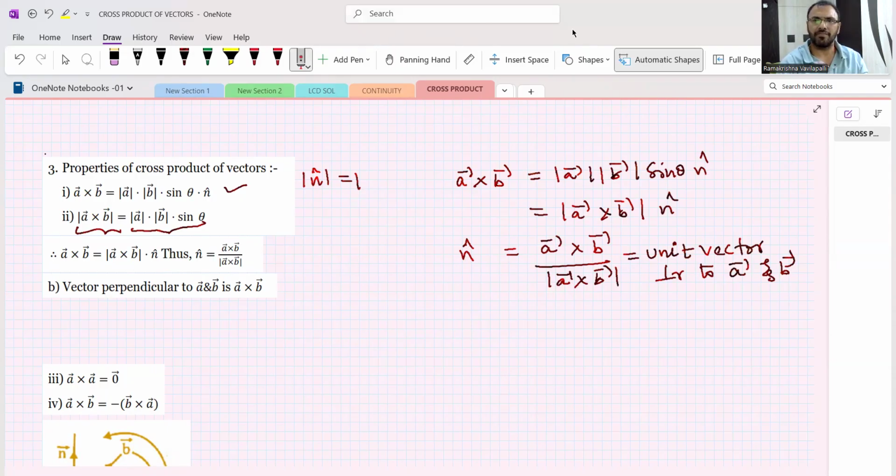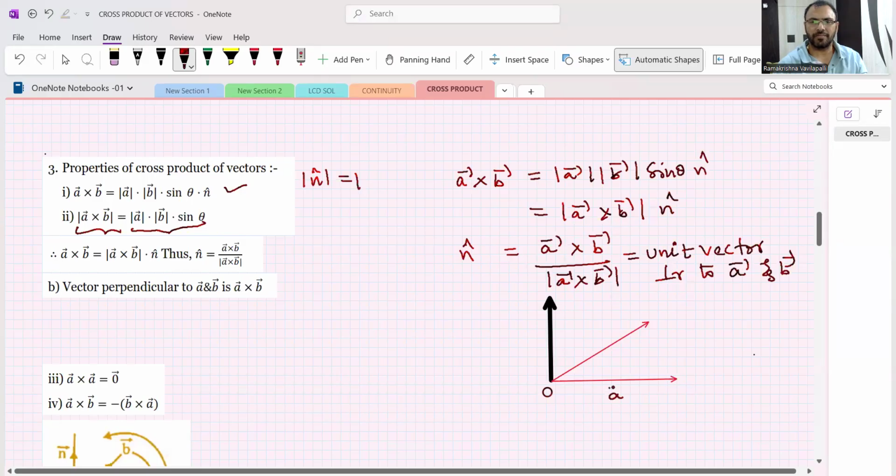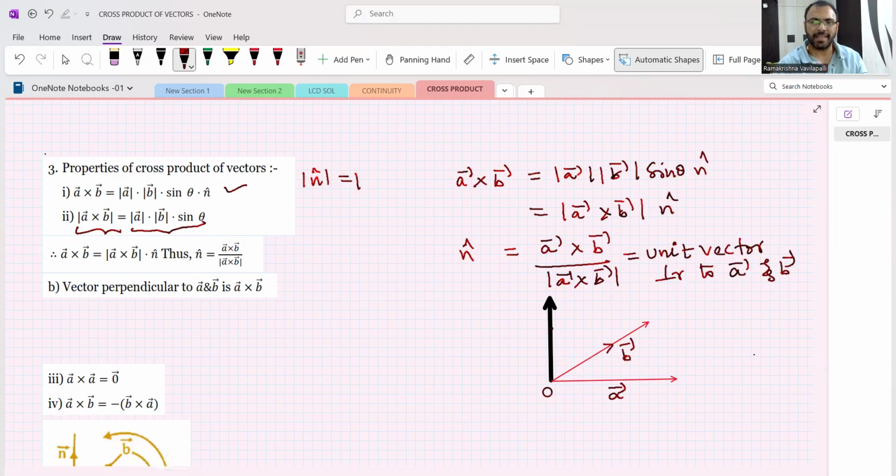I'll draw the diagram. This is the A bar vector and this is the B bar vector, and this is perpendicular to A bar and B bar, that is A bar cross B bar. Remember, this is a very important concept. Therefore, A bar cross B bar dot A bar equals 0, because these vectors are perpendicular, and A bar cross B bar dot B bar is also 0.